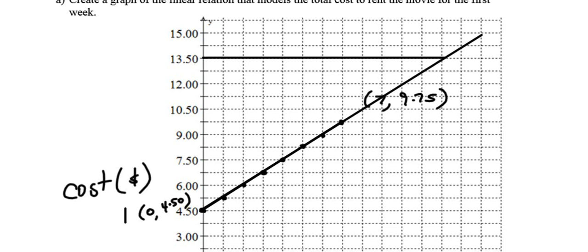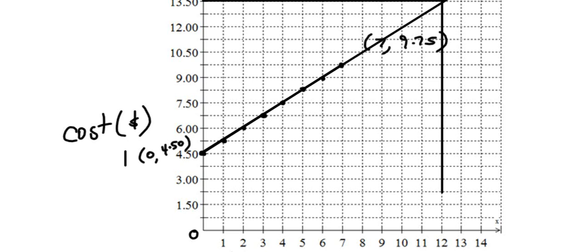And then I'm going to look down, and it's hard for me to tell here because my graph isn't showing. Oh, it looks like it's 12 days. Okay, so I just sort of interpolated from my graph once I extended it.